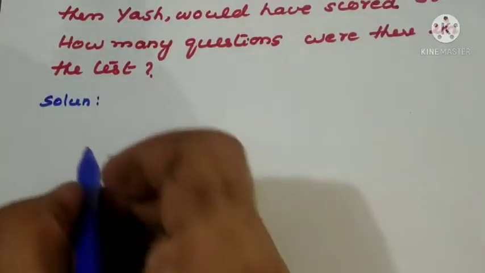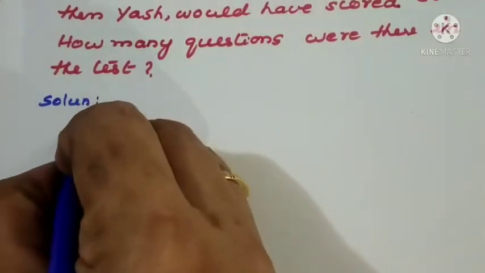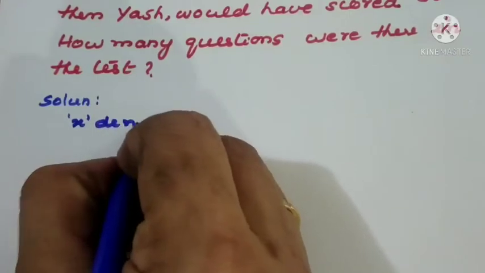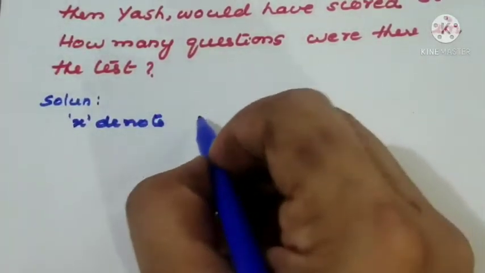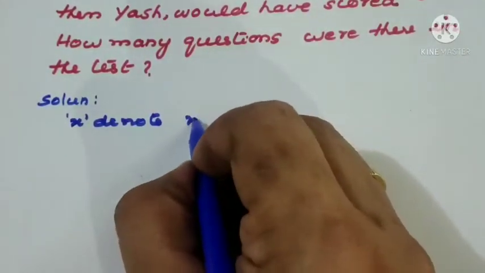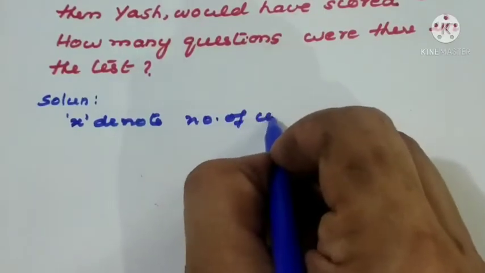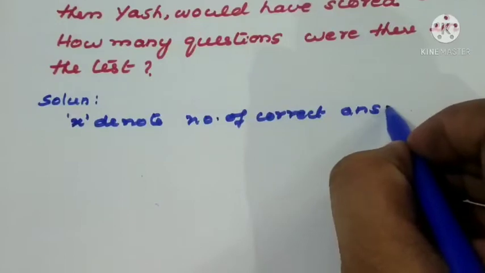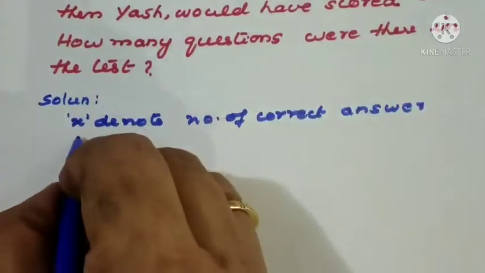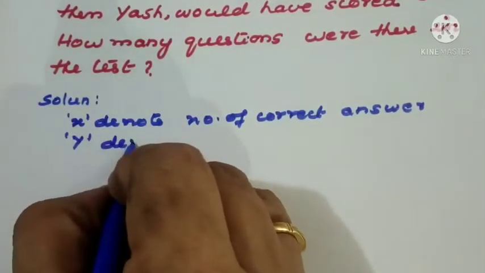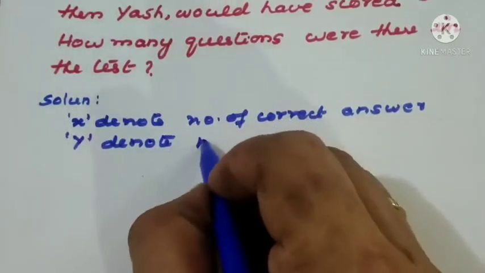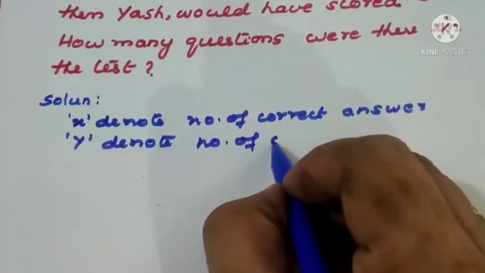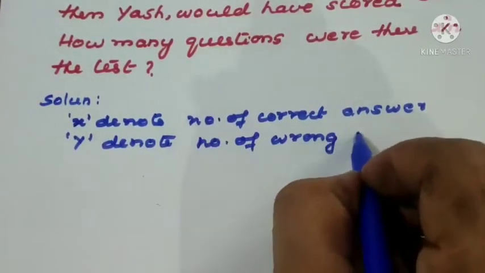So based on the question we should write: let x denote the number of correct answers, and y denote the number of incorrect or wrong answers.